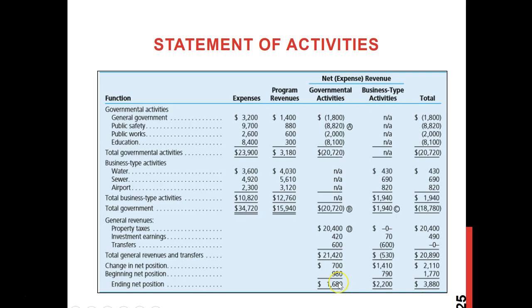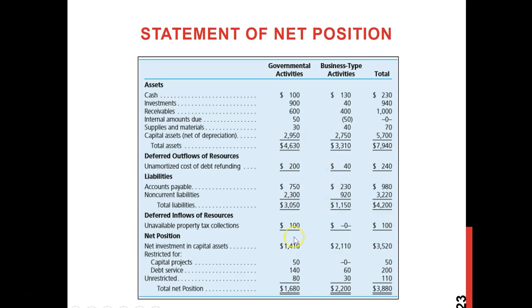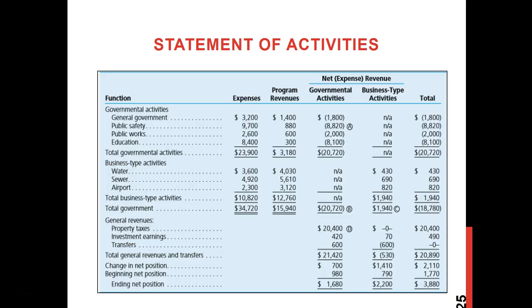And I'm talking only about governmental activities. That means if you go back here, look at their balance sheet under governmental activities, their net position is 1680. Now, how did that happen? They had a beginning amount of 980, and through this year's activity, their net change is positive 700. So those two together is 1680.